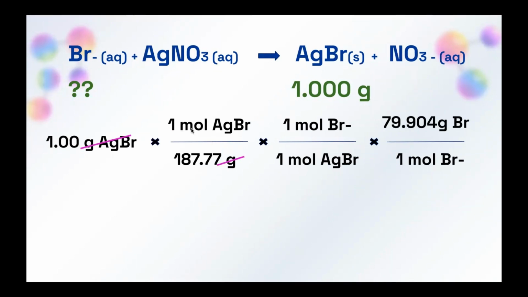And of course, you cancel the mole of silver bromide to get the mole of bromide ion. And then next, cancel out the mole of bromide ion to get the grams. And then your answer should be 0.425 grams of bromide ion.